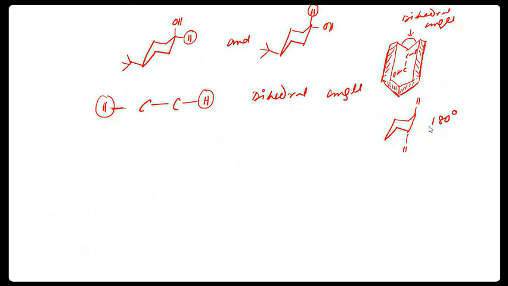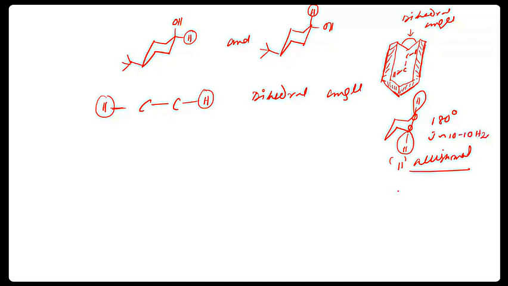If the dihedral angle is 180 degrees, then we'll have parallel alignment between these bonds, this one and this one. They align parallelly. So there will be strong coupling, and the coupling constant value will be around 10 to 12 hertz.